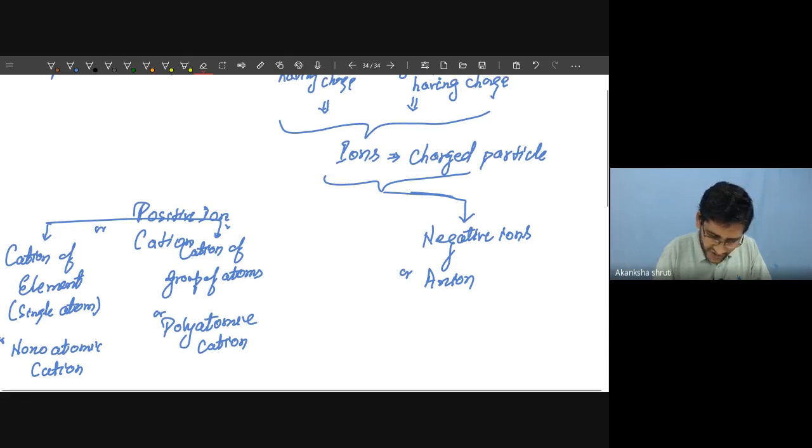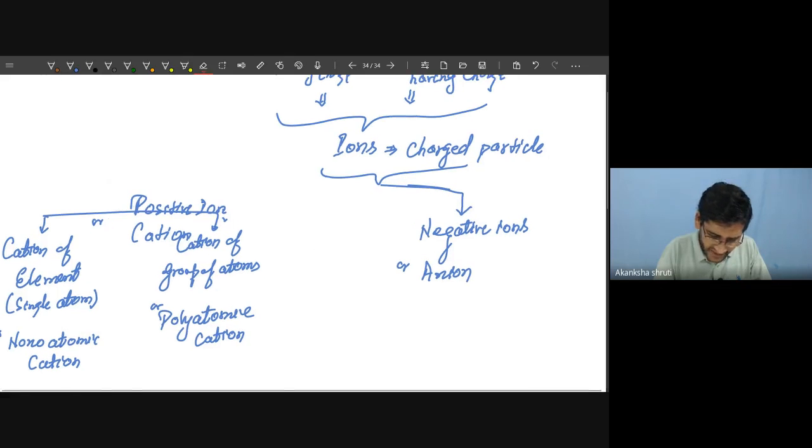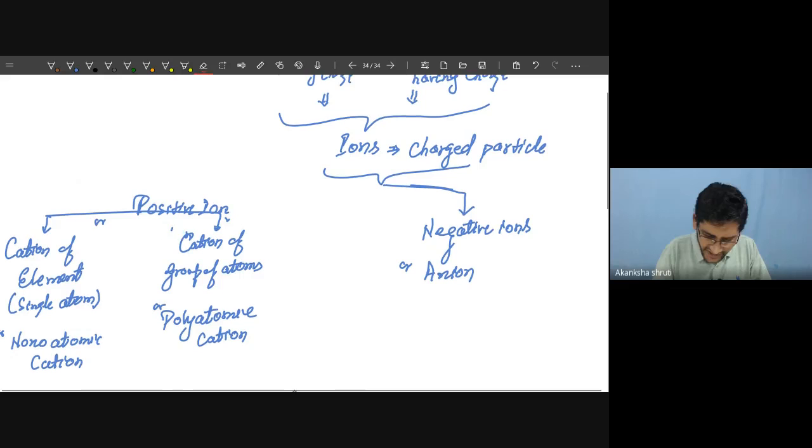So here the positive ion or cation that we were writing, it is this one. Sorry, let me rewrite it. Student, so it was cation.